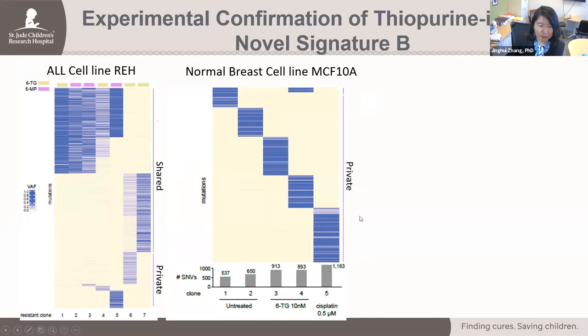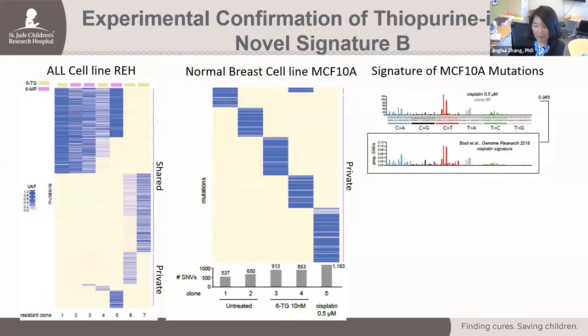whether our experiment, using this cisplatin treatment as a positive control, could replicate the existing result. And this time we do see very distinct private mutations, in contrast to the REH, suggesting the experiment worked. So first, we were able to confirm that our positive control experiment of cisplatin did reproduce the same signature as what was previously published as the cisplatin signature.